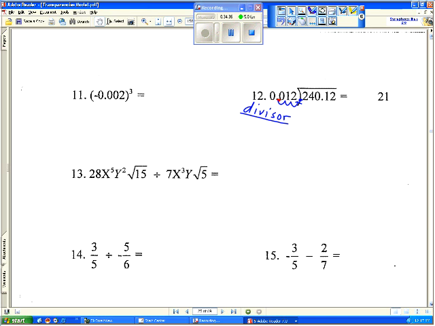To divide by a decimal, you move it over enough places in the divisor so the divisor becomes a whole number. Then you move it the same number of places in the dividend. And from there, you move it straight up into the quotient. And since there's a gap, we have to put a 0 as a placeholder.